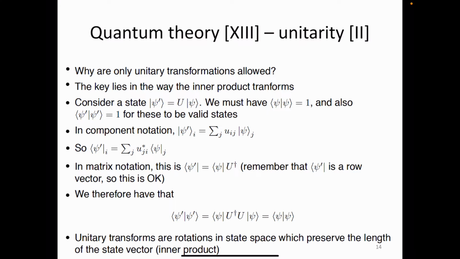So why are only unitary transformations allowed? The key lies in the way the inner product transforms. So if we consider a state psi prime, which is the result of executing a unitary on a state psi, then we must have that the inner product gives 1.